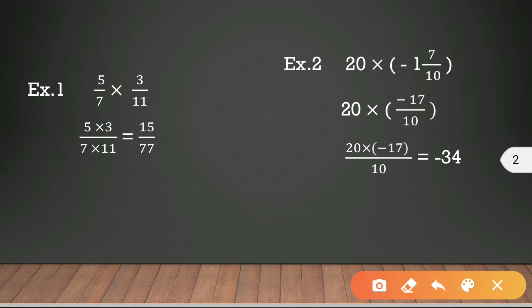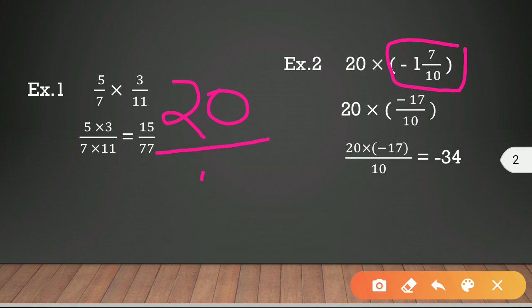Next example is 20 into minus 1 whole 7 by 10. First of all, this is a mixed fraction, so first convert it into a simple fraction. Here 20 does not have any denominator, so we can say that the denominator of 20 is 1.